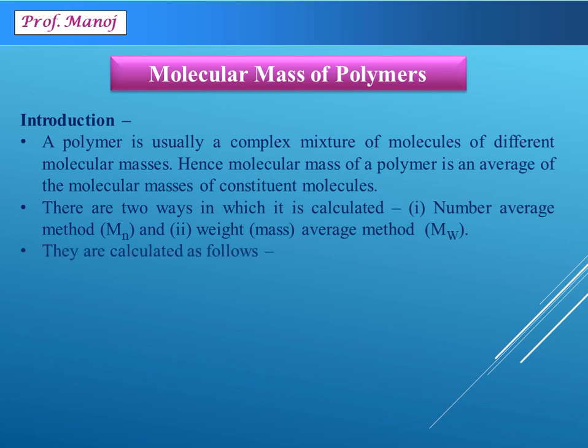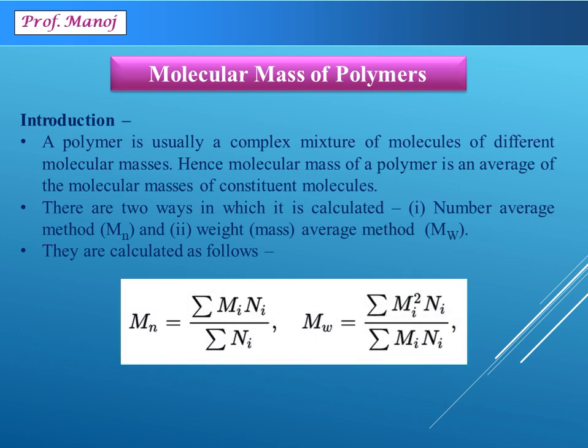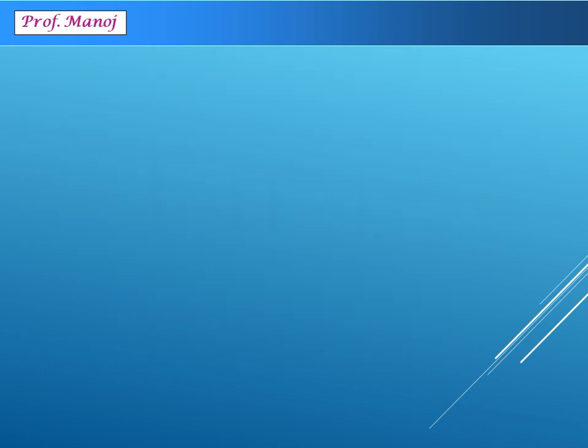It is calculated by these equations. Number average formula is summation MiNi upon summation Ni, and weight average method is summation Mi square Ni upon summation MiNi. Let me explain this with an example.